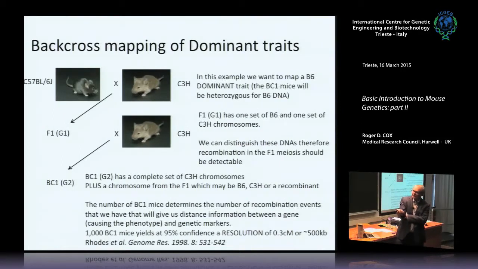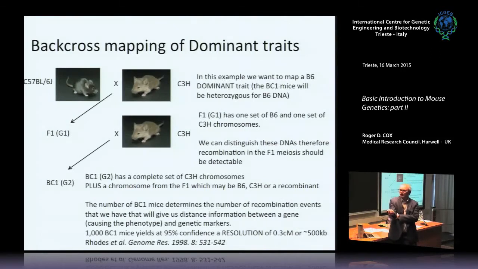And then if we back-cross that to a C3H, then we'll generate a back-cross 1 generation, or a G2. And these F1s, when they generate their gametes to make these back-cross 1 mice, will undergo meiosis as part of that process. So there will be recombination events.